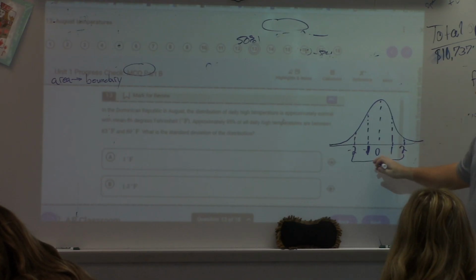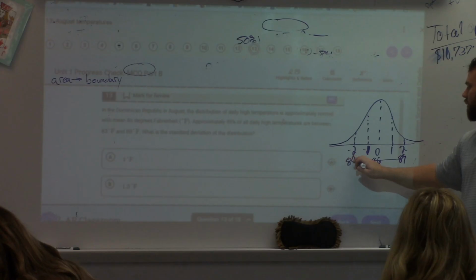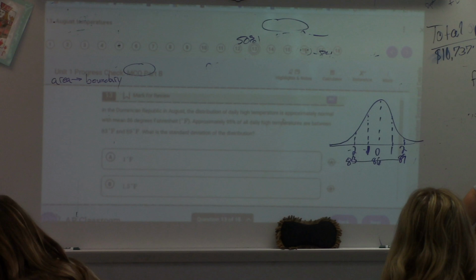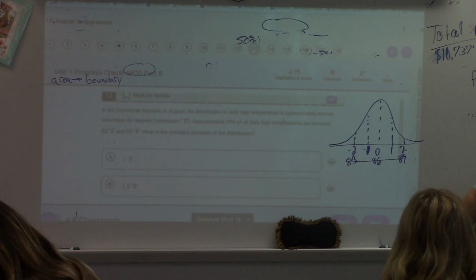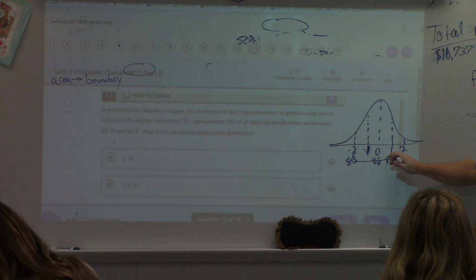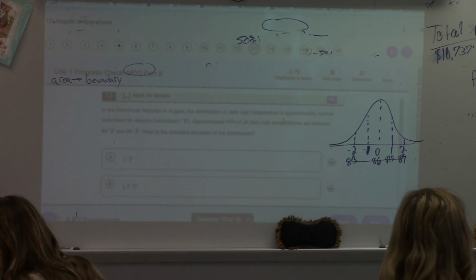Notice you can fill this out with a little bit of information. So what does 1 standard deviation have to be? You're talking about the 68%, got it. 1.5, right? Drawing this out helps visualize it, so that you don't have to do it all in your head.